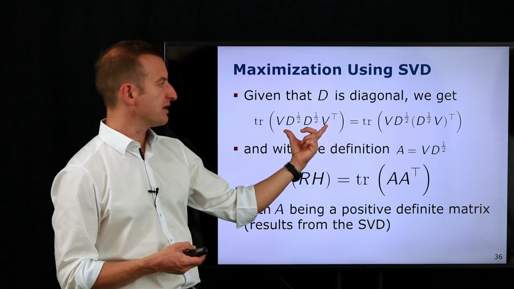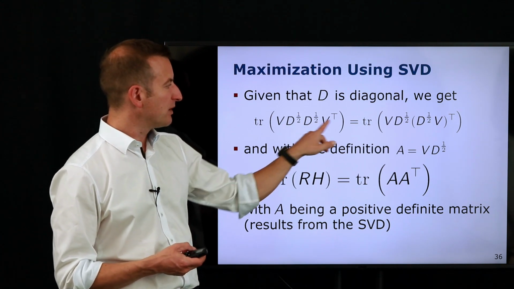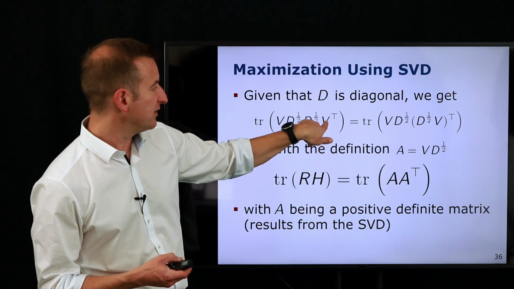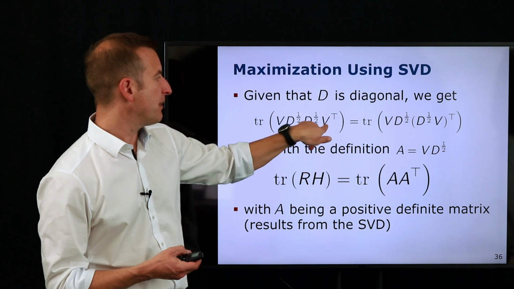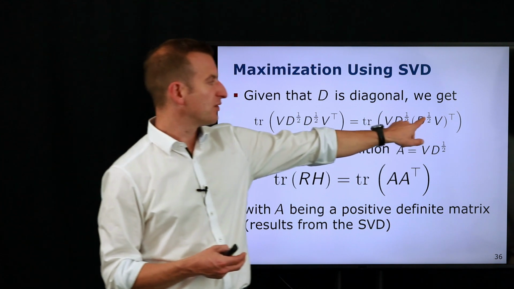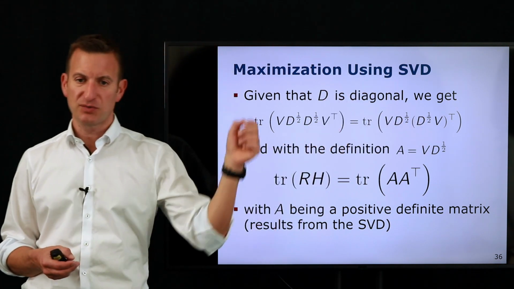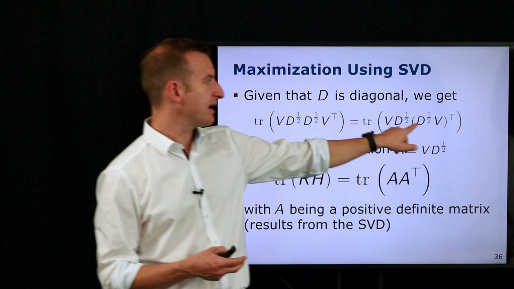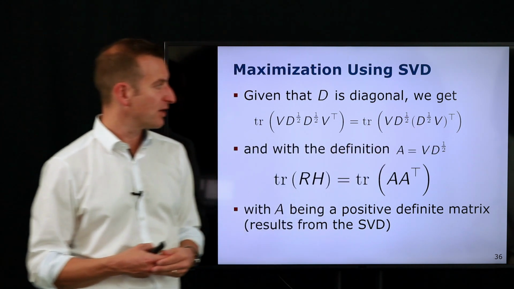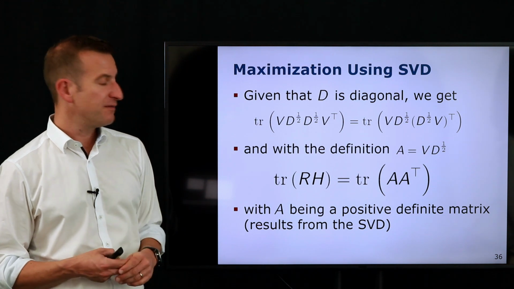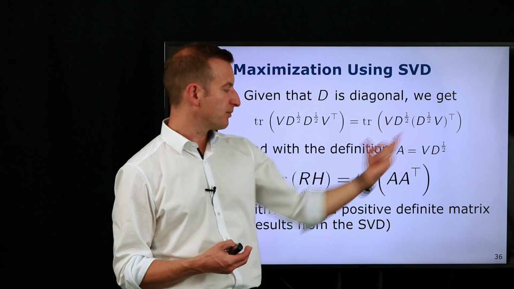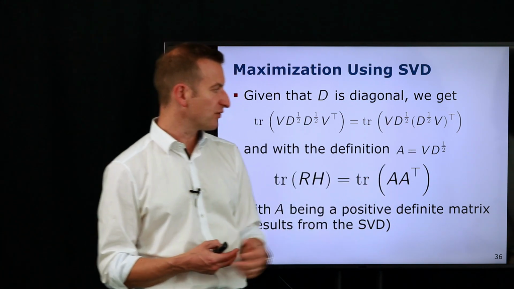Now I do a further trick. I take this expression and move the transposition operator over those two matrices, so that I end up having two times the same matrix, only once transposed. I can do this because D is a diagonal matrix with only positive elements on the main diagonal, so it doesn't matter from which side I'm multiplying. I can simplify this expression and define a matrix A as V square root of D, so that this expression simplifies to A transposed.